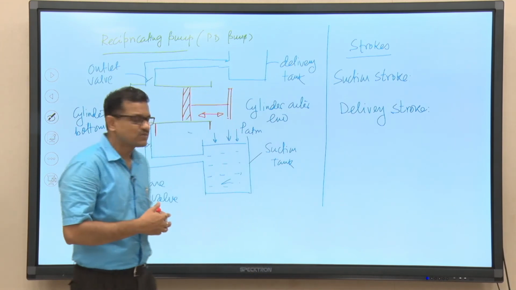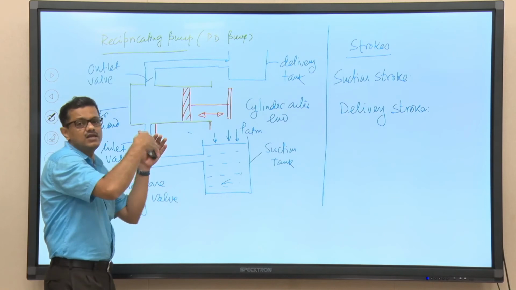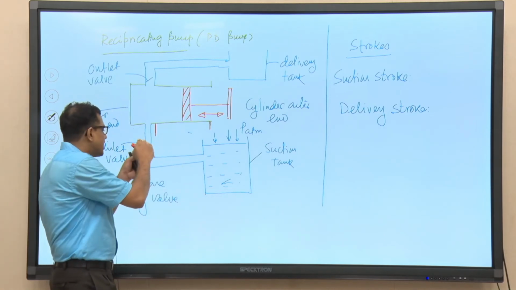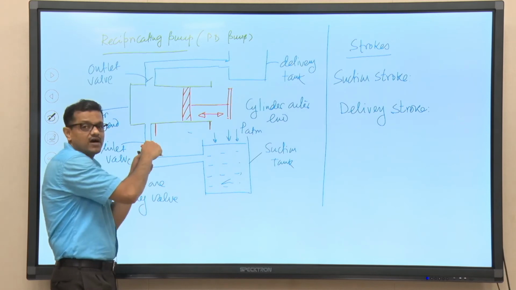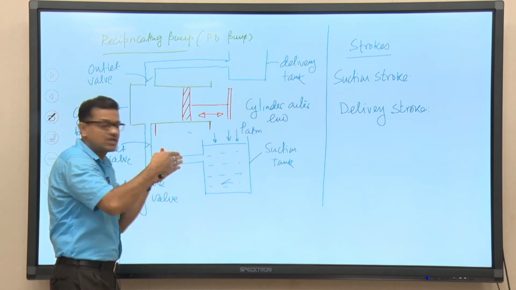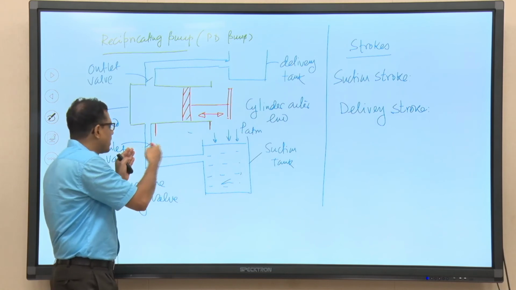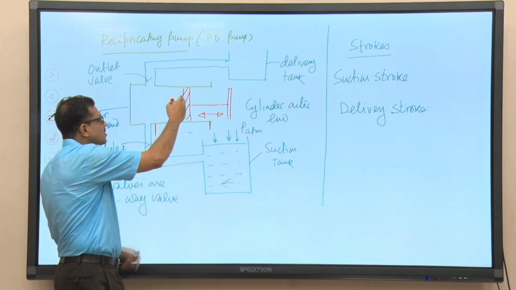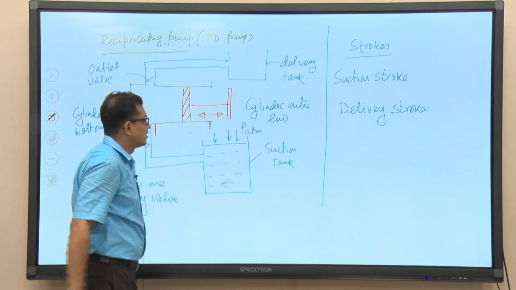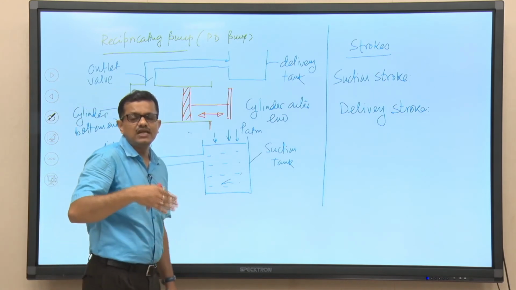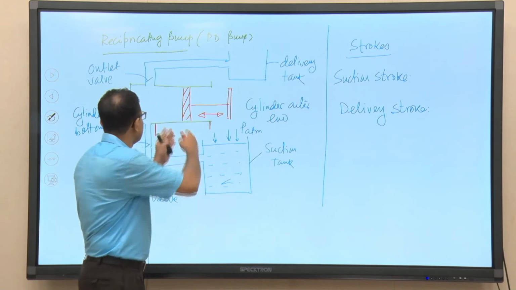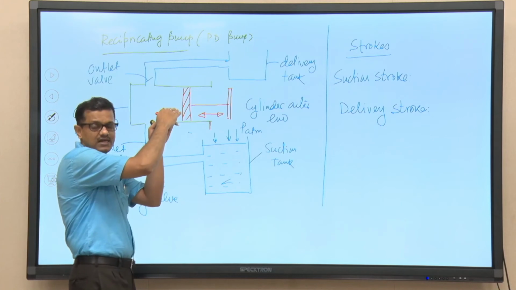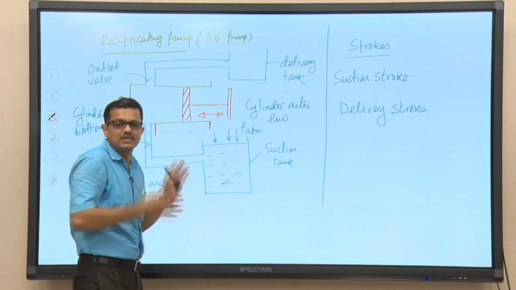When the driving force is reduced, the valve will automatically close. As I told you, only when the driving force acting across the valve is beyond the threshold value required to lift the valve will the valve allow liquid to go from the suction tank to the cylinder. Now, when the piston is reaching the cylinder outer end, due to its deceleration, eventually the liquid in the suction pipe as well as in the cylinder will be decelerated, which in turn will reduce the pressure difference.